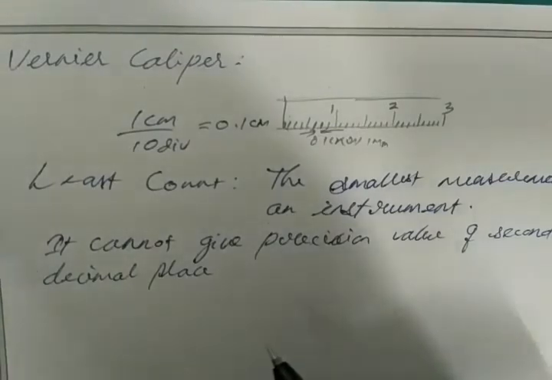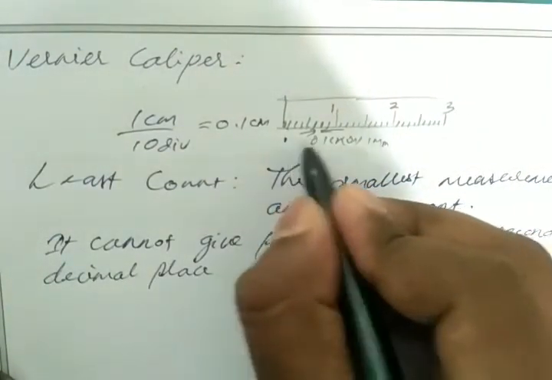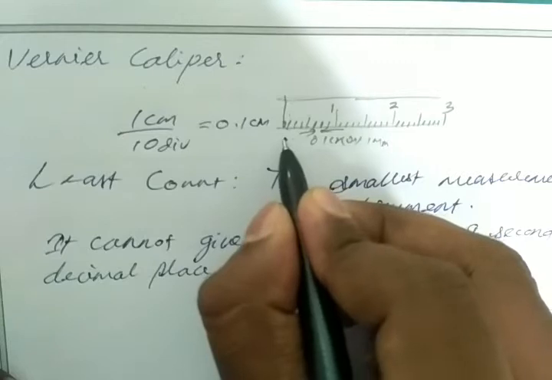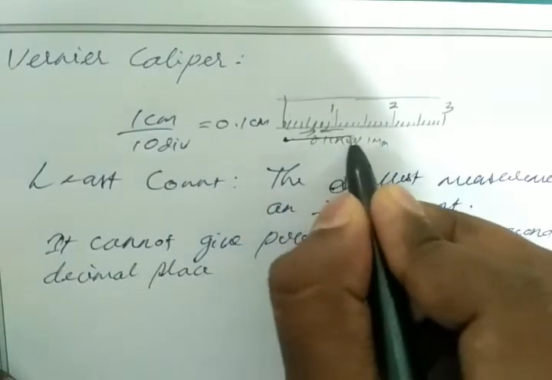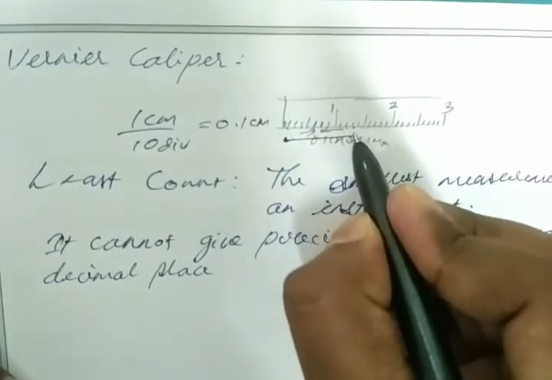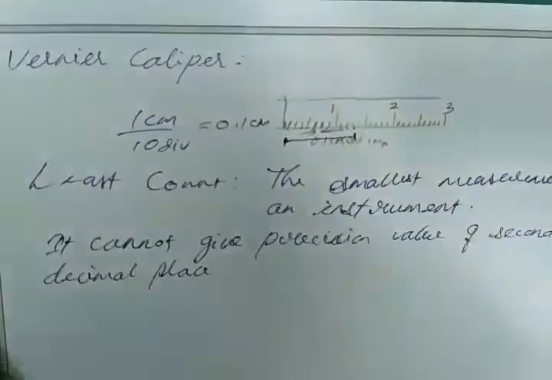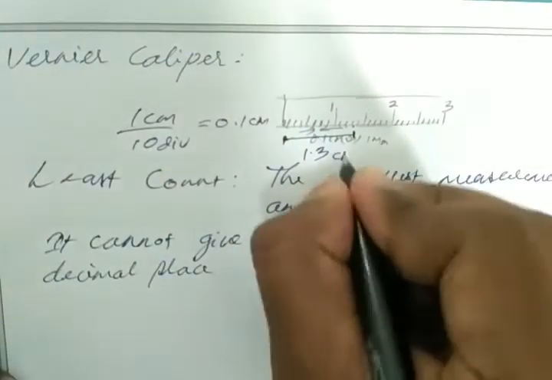It can measure up to the first decimal place. For example, if the length of an object is 1.3 centimeter, it starts from here and goes like this: 1, 1.1, 1.2, 1.3. So the object length is 1.3 centimeter. By using this scale we can measure this 1.3 centimeter.